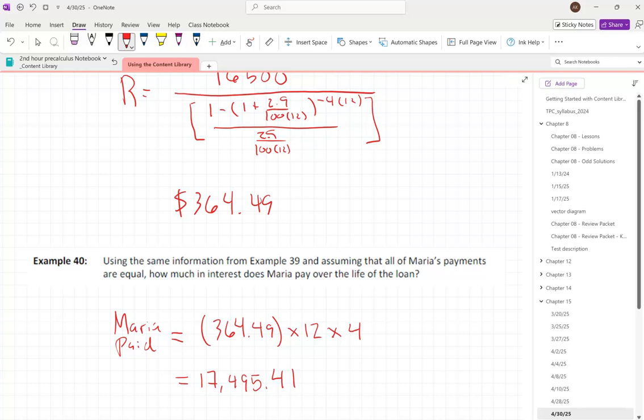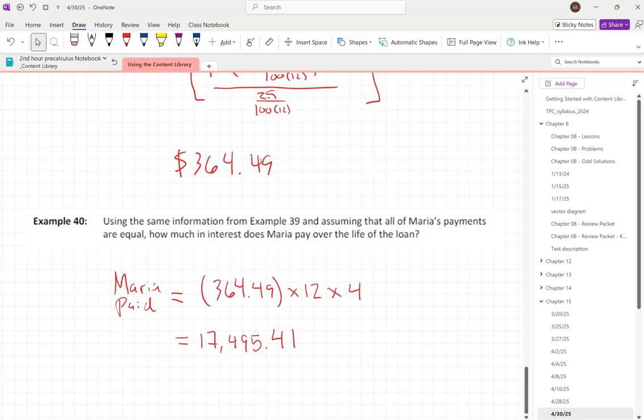So far, so good. And what did she end up paying in? So that's how much she paid. How much in interest, though, does she pay? Well, she borrowed $16,500.